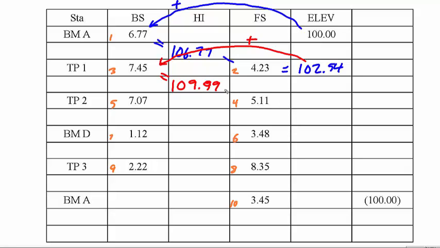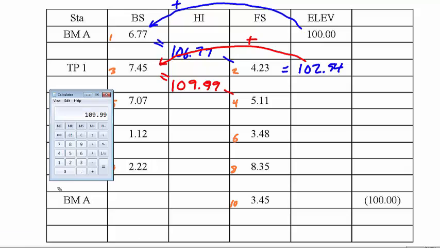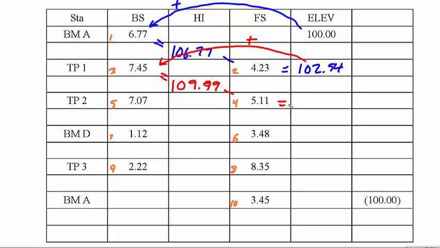Okay? Well, repeating the same process, I'm going to subtract the next foresight. So I'm subtracting 5.11, and this yields a result of 104.88. Just like our readings zigzag back and forth down the page, so do our computations.